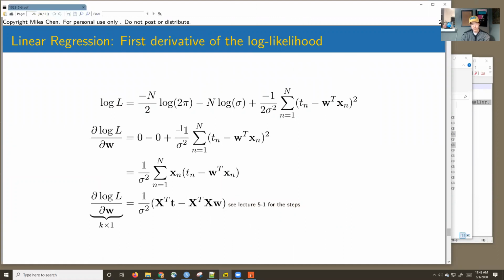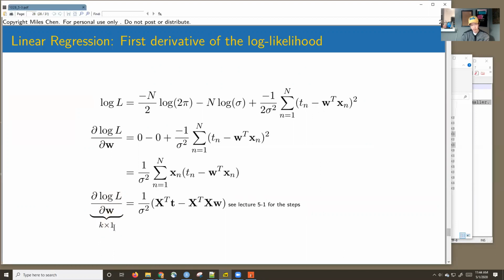Just quickly going through, when you expand all of this out, you get x transpose t minus x transpose x w, times 1 over sigma squared. We're taking the derivative with respect to w, and so the gradient is going to have the same dimensions as w.